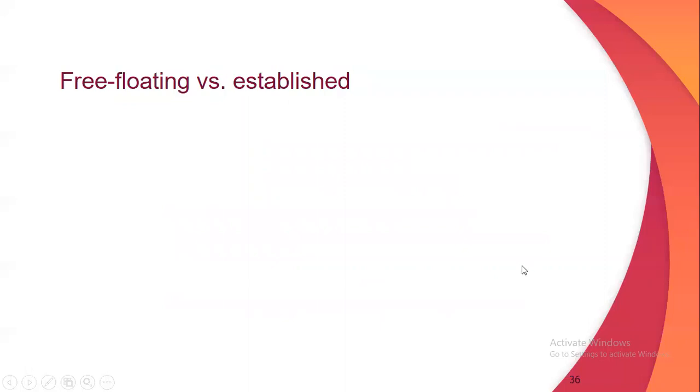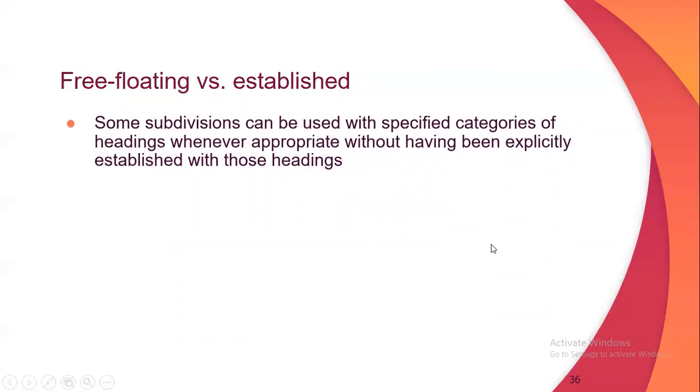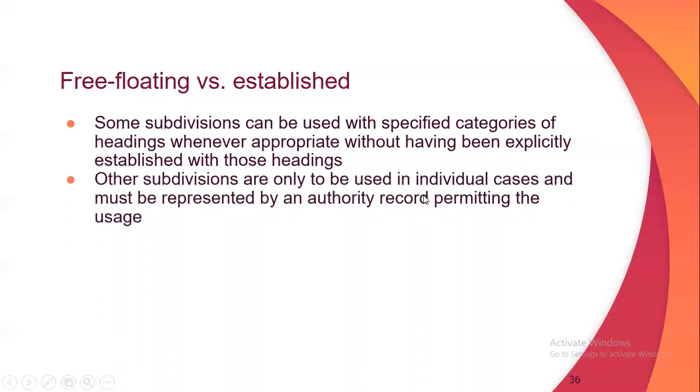For free-floating versus established, some subdivisions can be used with specified categories of headings whenever they are appropriate without having been explicitly established with those headings. Other subdivisions are only to be used in individual cases and must be represented by an authority record permitting the usage.